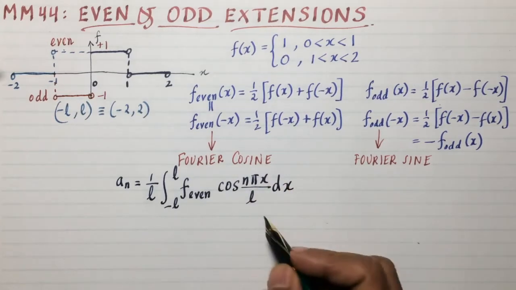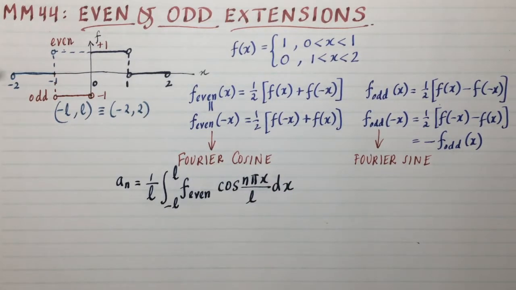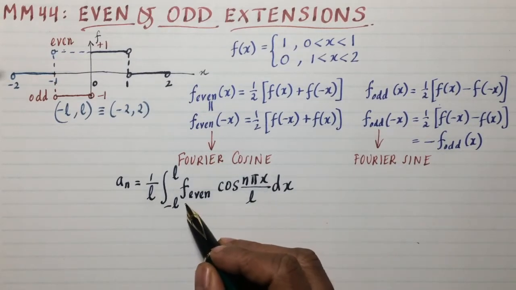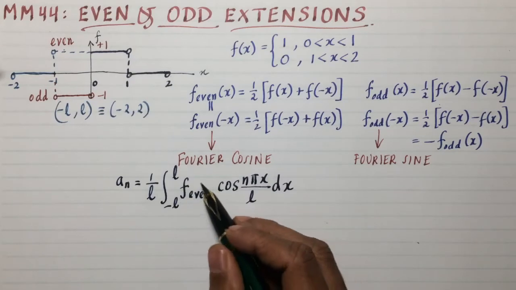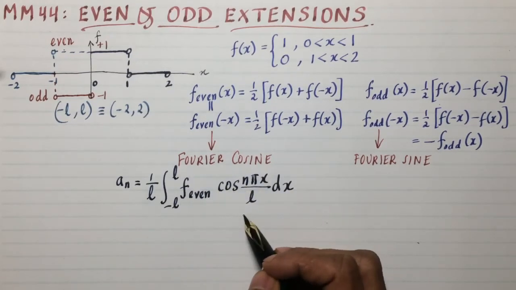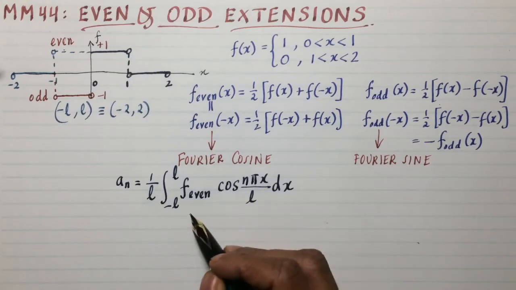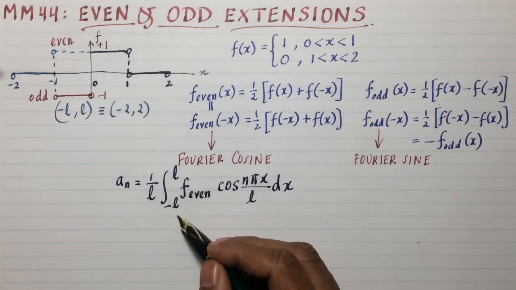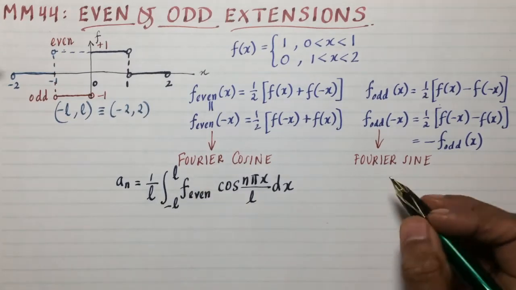Well, that is the definition of the coefficients a sub n. Now the reason these are the only coefficients that you get for an even function is that an even function times cosine, which is another even function, is another even function. The product of two even functions is an even function. And an even function integrated between symmetric limits gives you a non-zero answer.